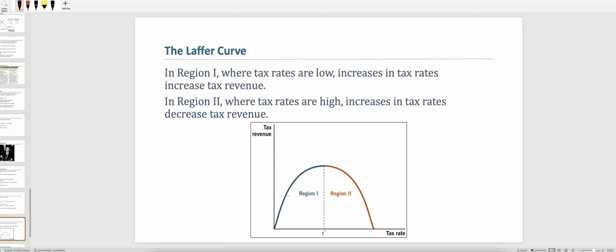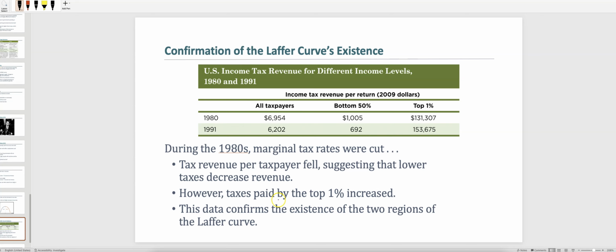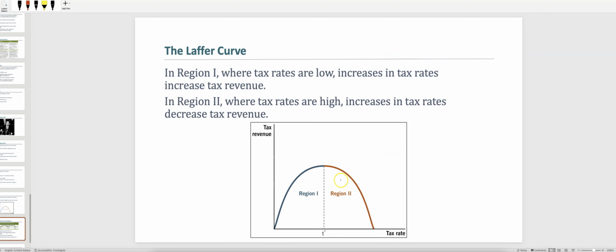We don't really know. Again, I haven't seen any evidence to say which region we're in. There's a lot of evidence to suggest that this Laffer curve does exist.